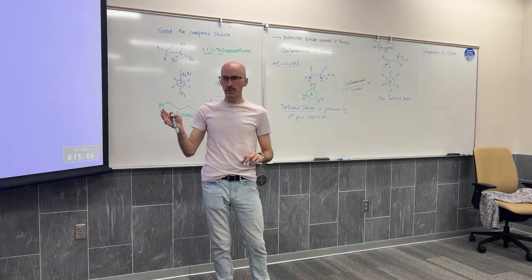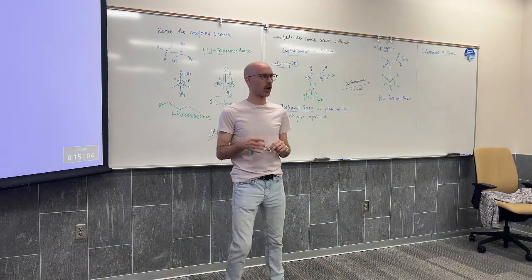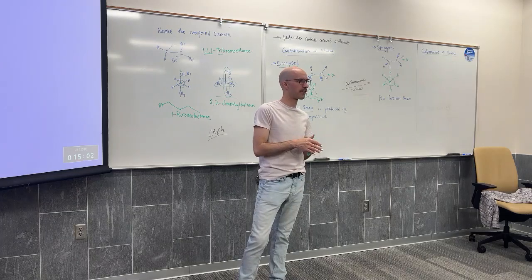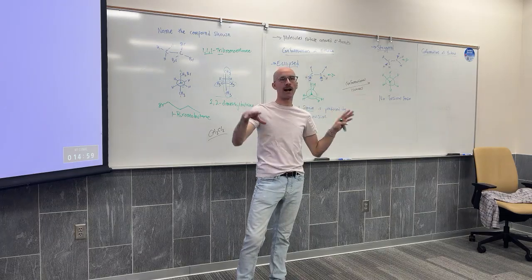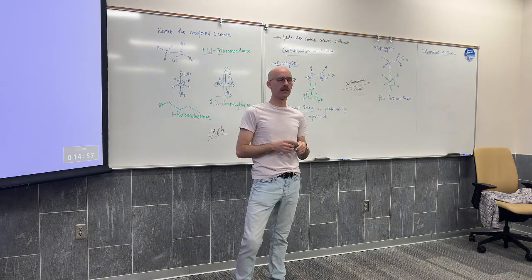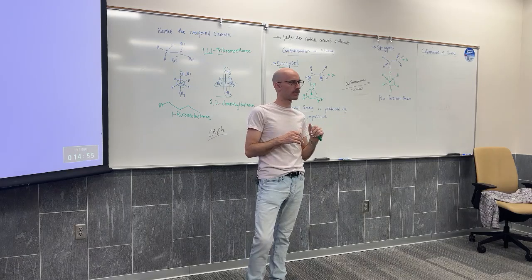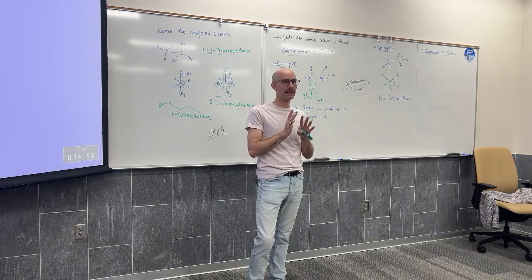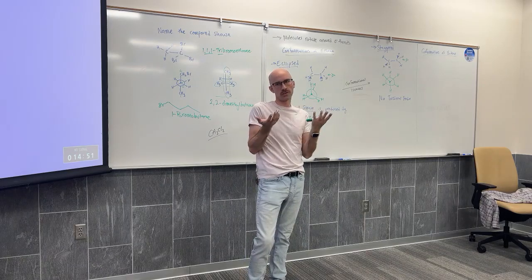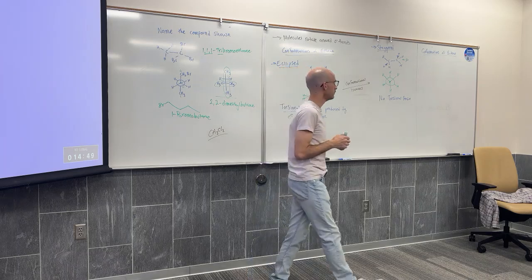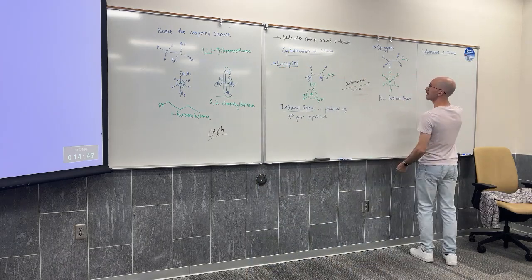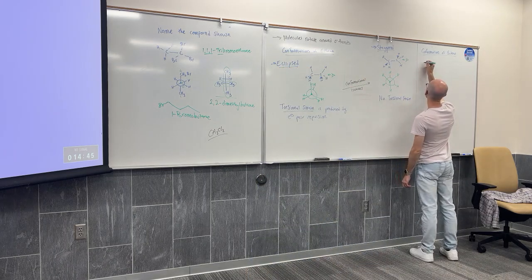So remember we talked about regiochemistry. Is this carbon primary, secondary, tertiary, quaternary? That talks about how carbons are related to other carbons. Some of our stereochemistry terms will be anti, gauche, or just fully eclipsed. Let's start with the lowest energy conformation.